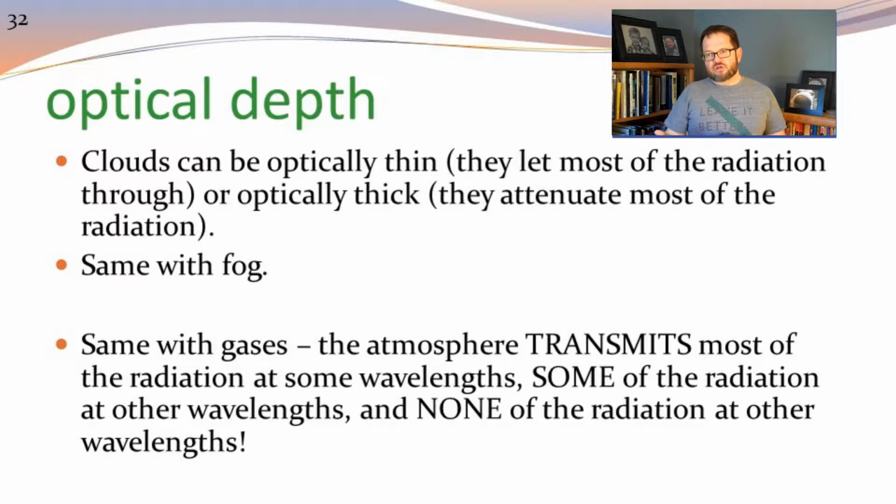This word optical comes to us from thinking of radiation as light. But the optical depth can also be with respect to long-wave radiation, where we're talking about how much of the long-wave radiation being emitted by the surface of the Earth makes it through this layer. It's optical in the sense that it is referring to waves in the electromagnetic spectrum.